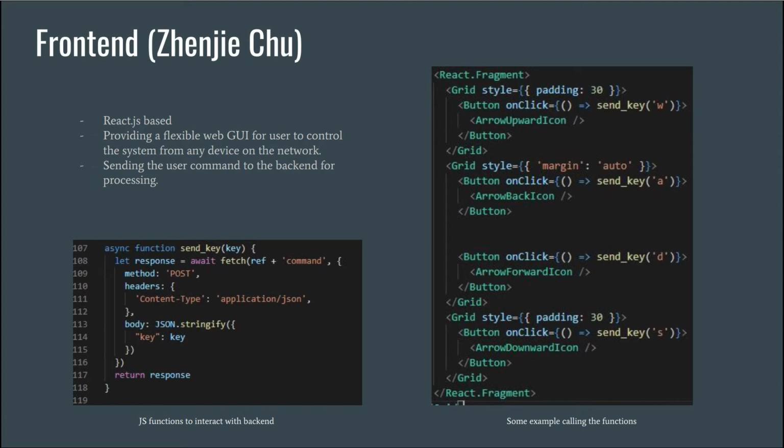The whole front end is built on a JavaScript library called React. It's a very powerful library. The beauty of it is that it allows each component to manage their own state. For example, we have a live video feed section on our GUI, which requires constant refreshing and re-rendering.